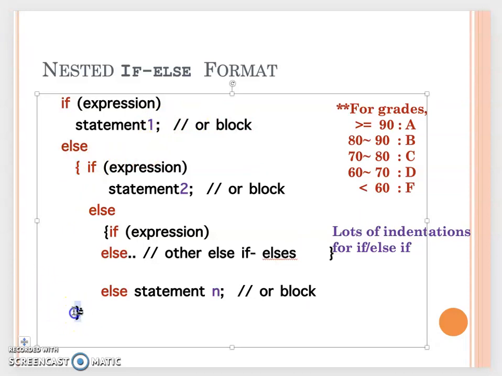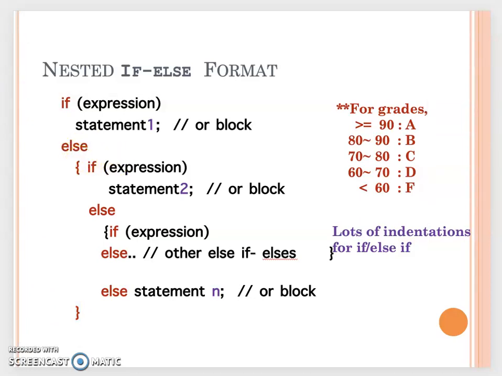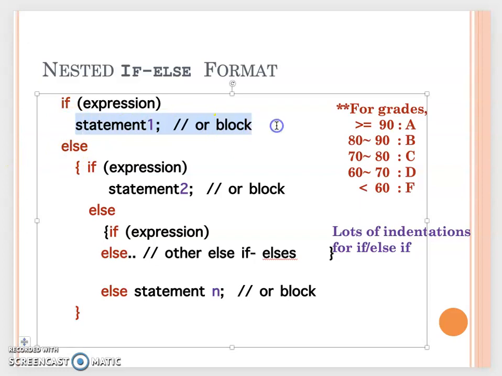Remember we told you, if you have a nested if-else statement, we want you to always have indentation for your statements. So after your else, you need to indent two more spaces. If you have a long nested if-else statement, it will make your program look very long, with a lot of indentation.